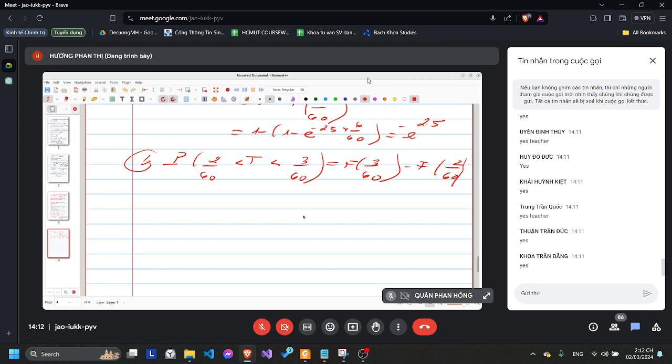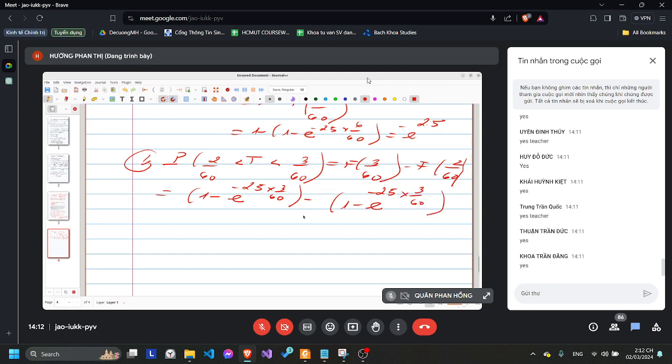Using the cumulative distribution of the exponential, we have the first term, 1 minus e power minus lambda times t, where lambda is 25 and t is 3 over 60, minus the second term, 1 minus e power minus 25 multiplied by 2 over 60.